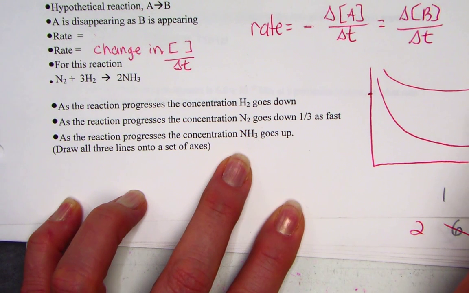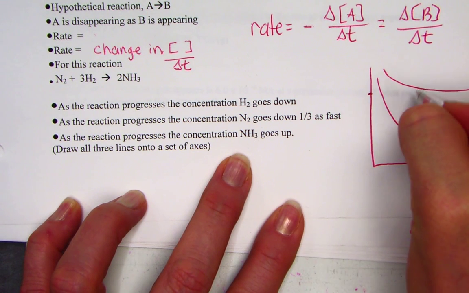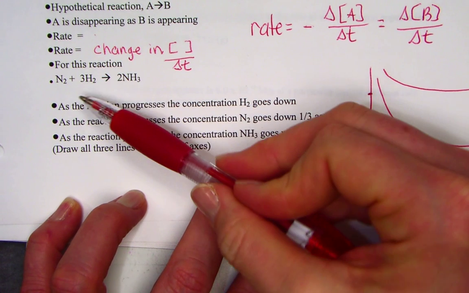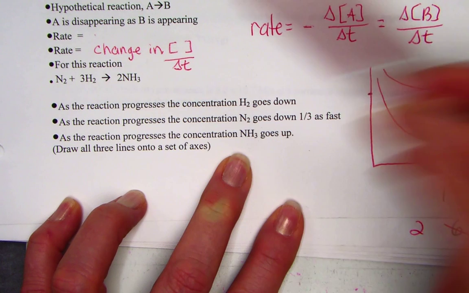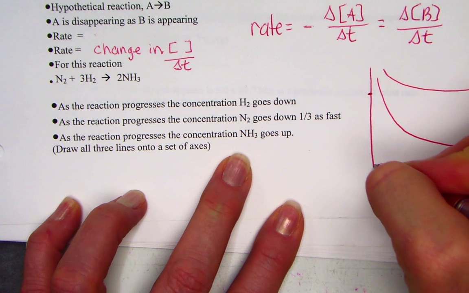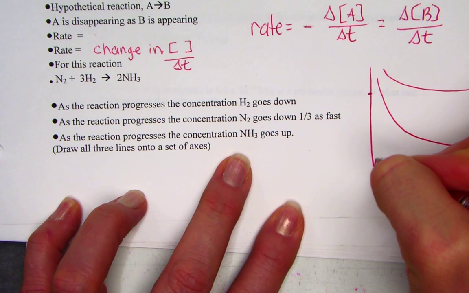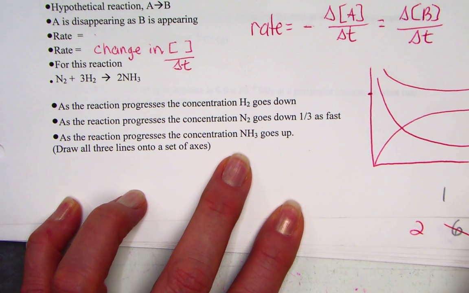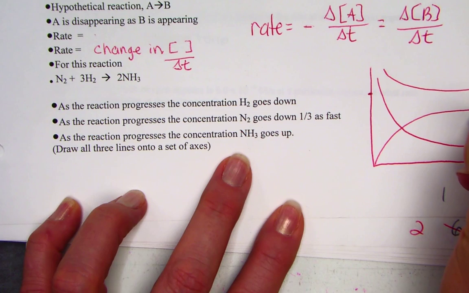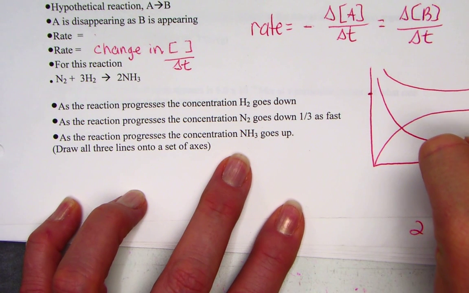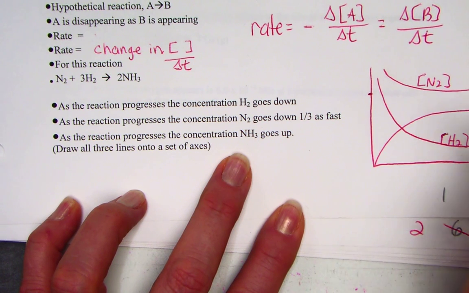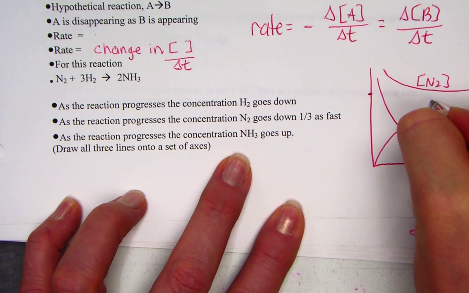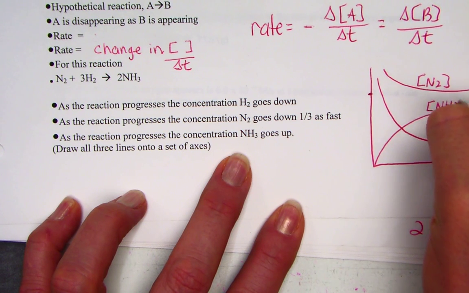Nitrogen also goes down. And notice what I'm trying to draw is that the rate at which hydrogen disappears is 3 times that of the rate at which nitrogen disappears. And at time 0, we wouldn't have any product, but eventually product would form, and it would be right between the nitrogen and hydrogen. So the concentration of hydrogen goes down at 3 times the rate of the concentration of nitrogen, and twice that for the production of ammonia.